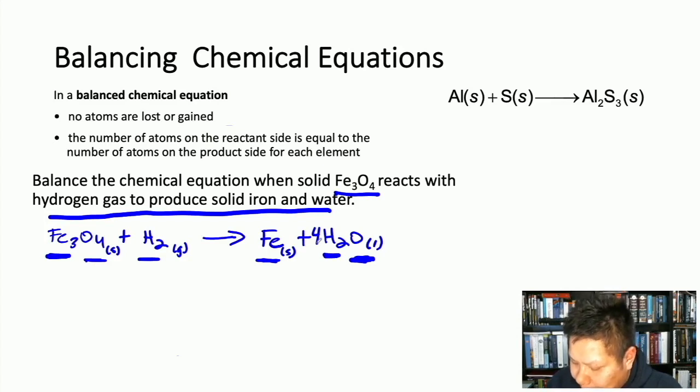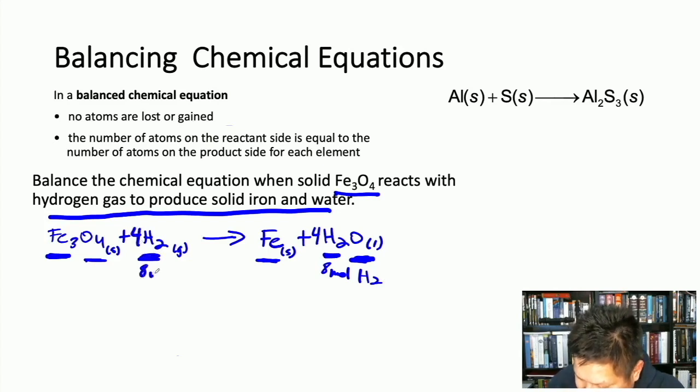So 4 times 2 hydrogen gases makes that 8 moles of hydrogen gas. How do we get 8 moles over here now on the reactant side? Well, that's pretty easy, right? Because we already have 2 moles of hydrogen there. We put a 4 in front of that, we also get 8 moles of hydrogen on the reactant side, right?